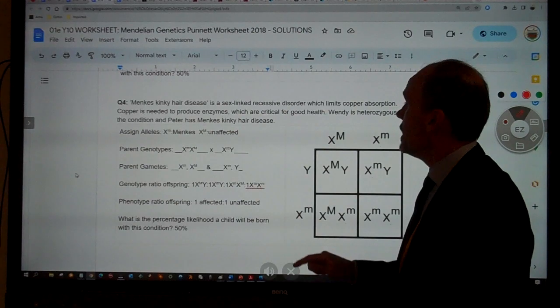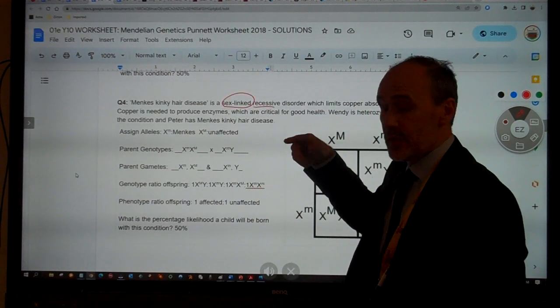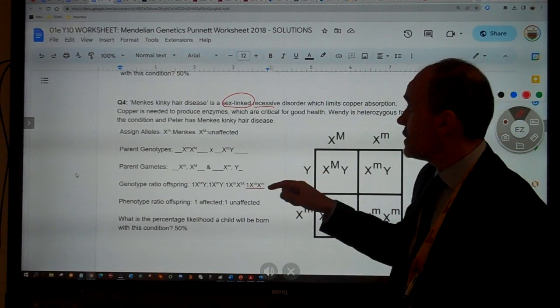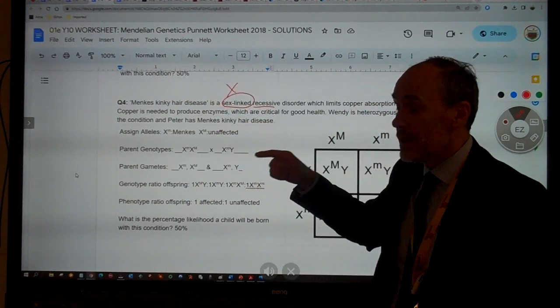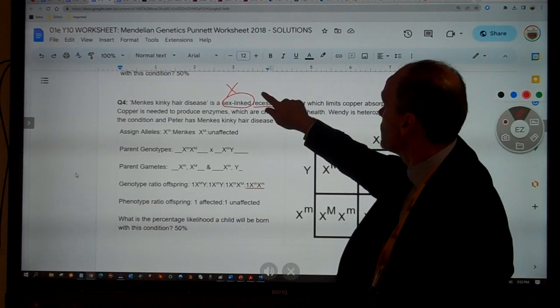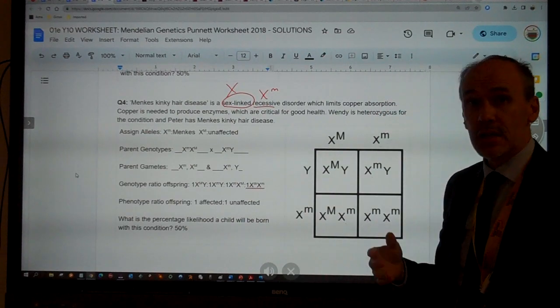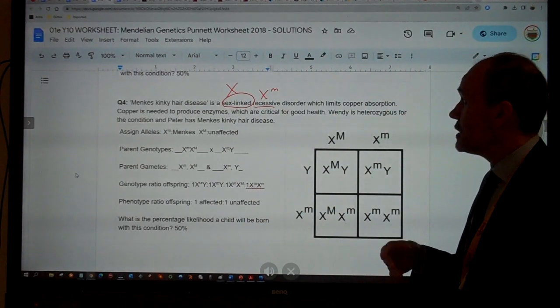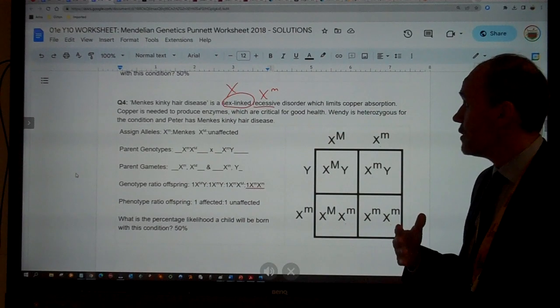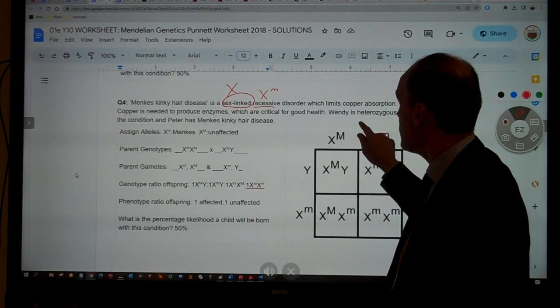Menkes hair disease, boom, sex-linked, recessive. So if it's sex-linked, it's X, and it's recessive, it's a little letter. And so we're going to choose X, little m, to indicate a recessive condition on the X chromosome. Let's see, Wendy is a heterozygote.